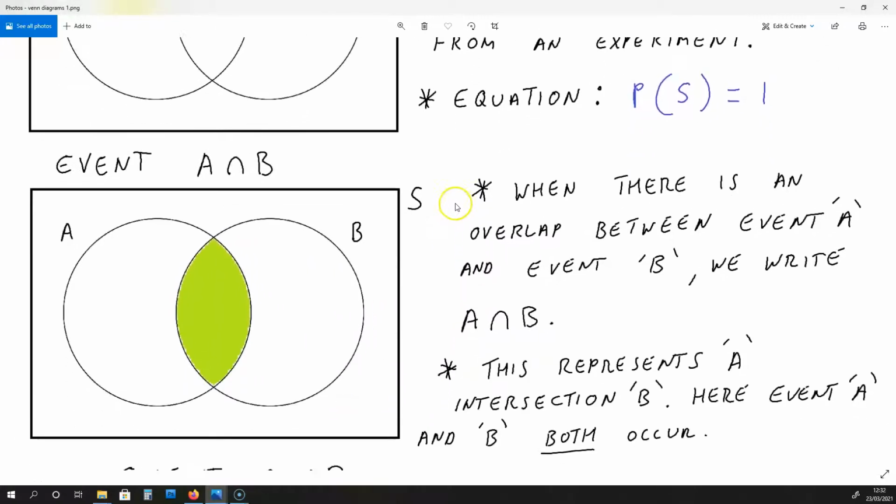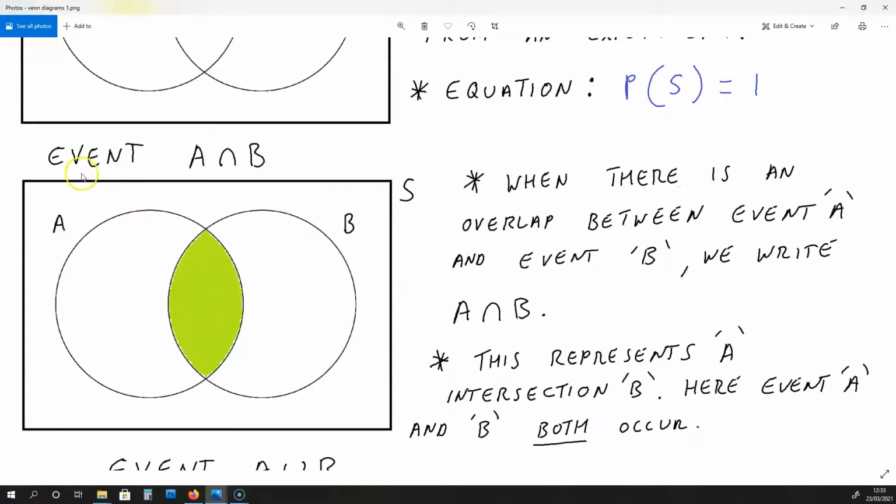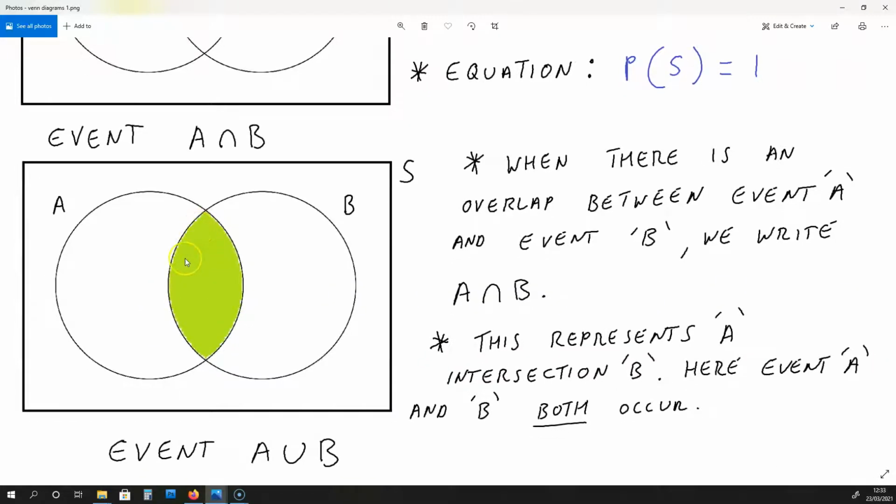Okay, now moving on. We can have the event A intersection B. That just means that both events have happened simultaneously, and that's represented by the intersection on the Venn diagram.